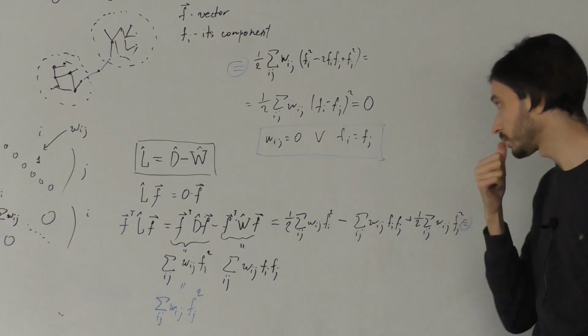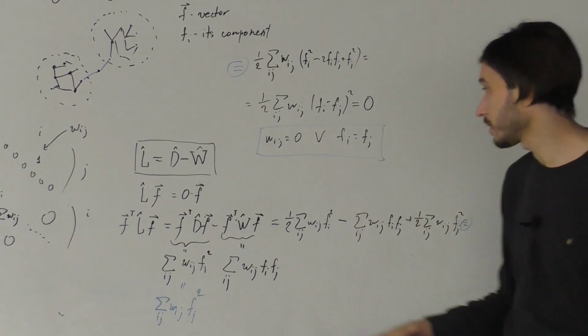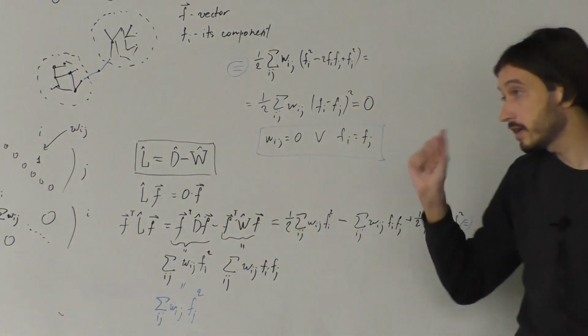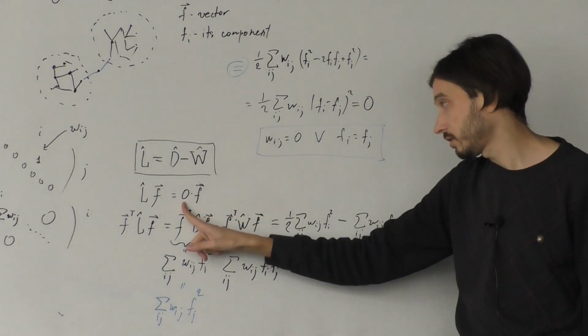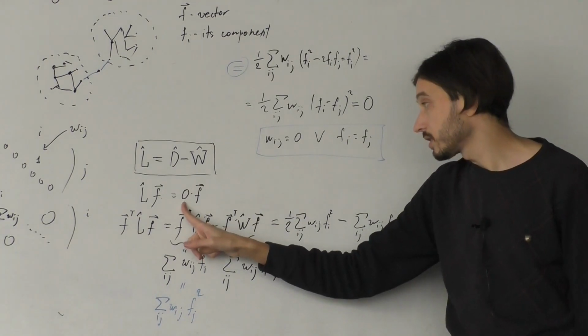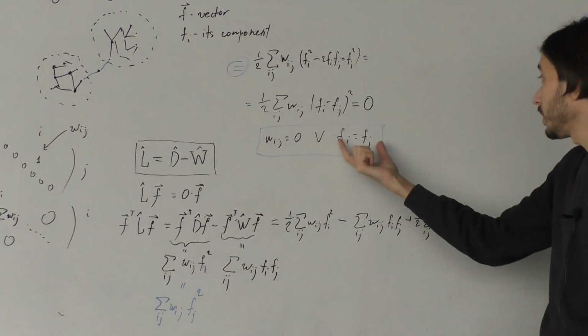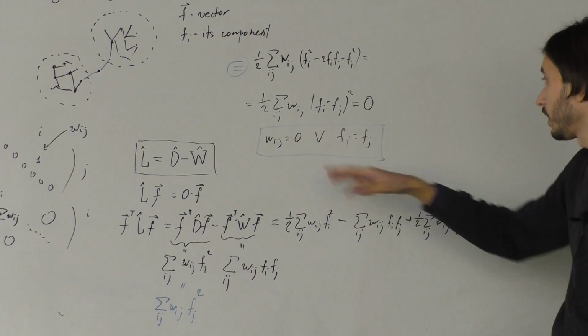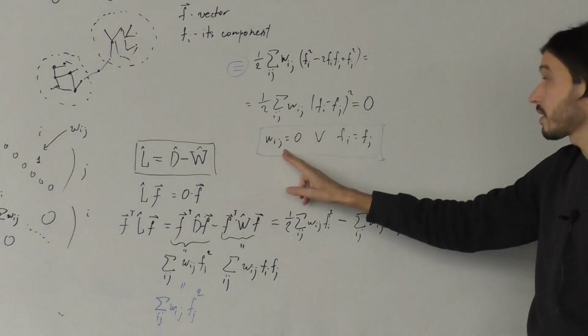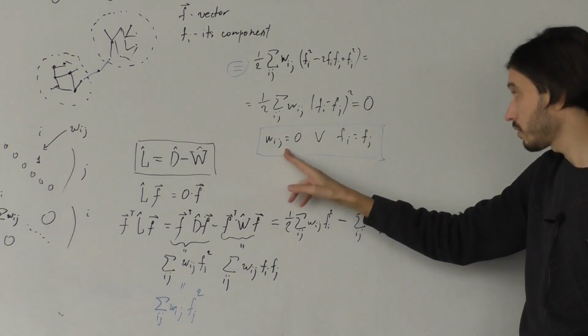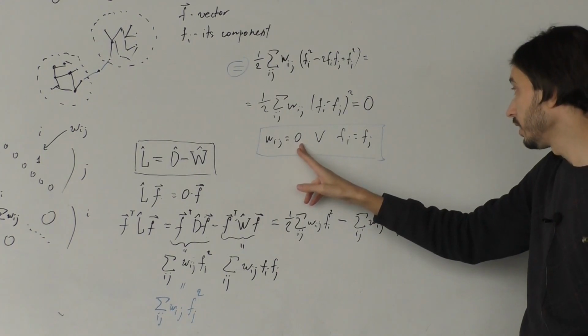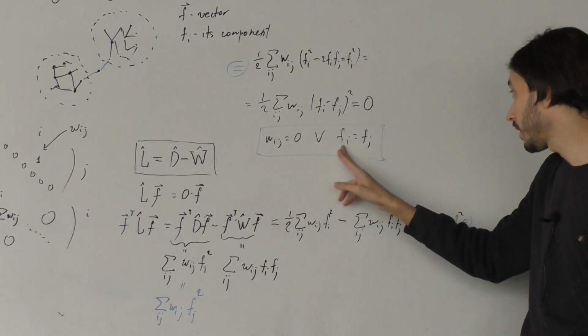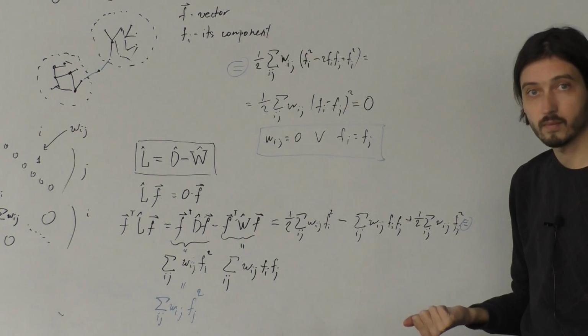What it means, if we have some vector f that is an eigenvector with eigenvalue 0, is that either between i and j there is no connection, or f_i is equal to f_j.